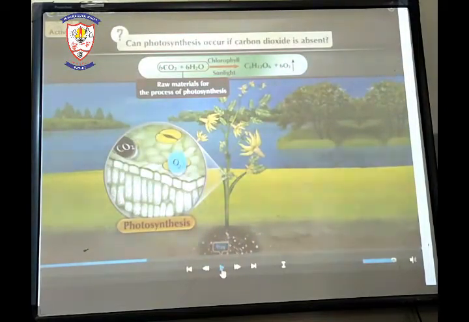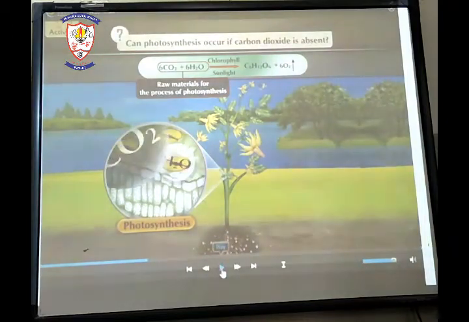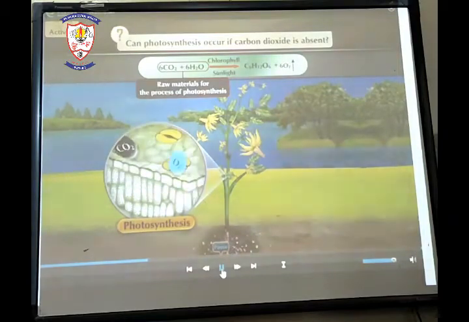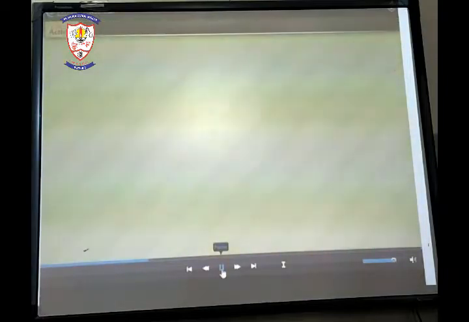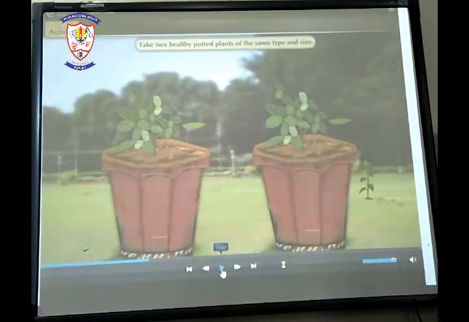And so the question may be raised in our mind: can photosynthesis occur if carbon dioxide is absent? So we have to understand that by another activity. So the activity is like this.